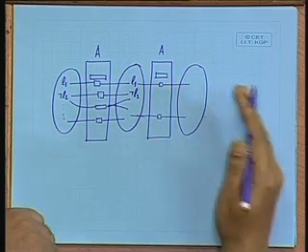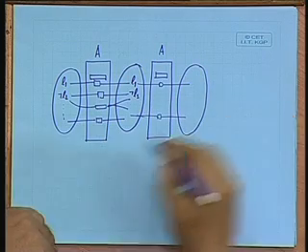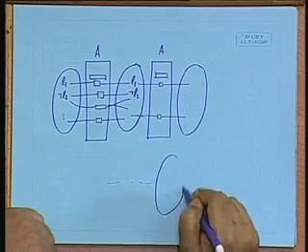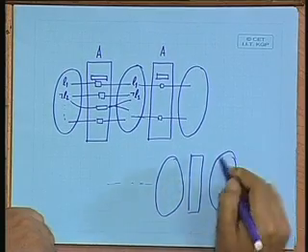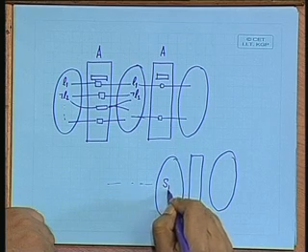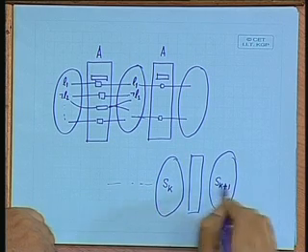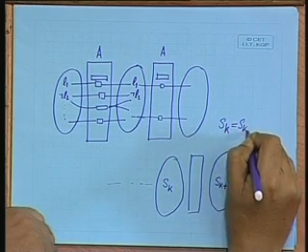In this way we continue, and the claim is that after a finite number of iterations you will find that in two successive iterations the set Sk and the set Sk plus 1 are the same. I will find that Sk is equal to Sk plus 1.